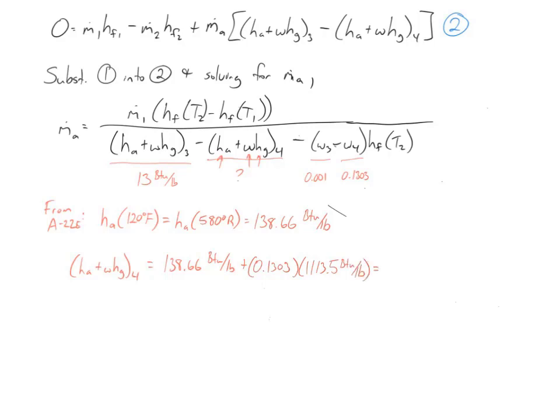And what we get for the mixture enthalpy is 283.75 BTUs per pound.